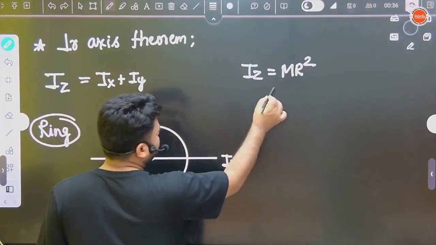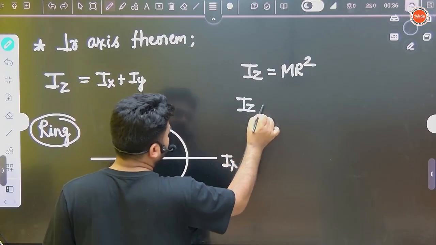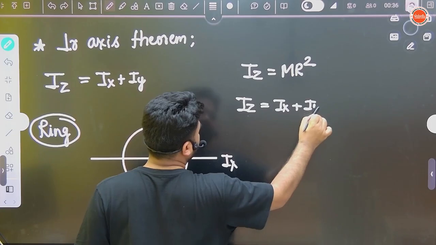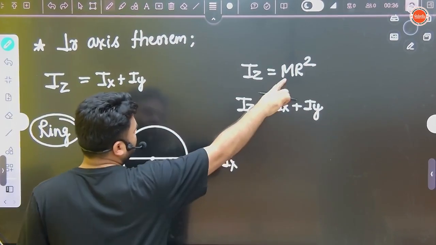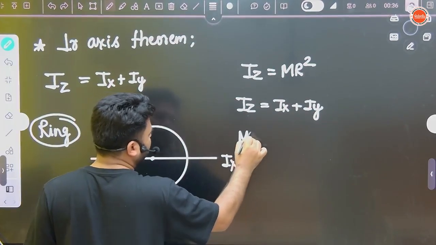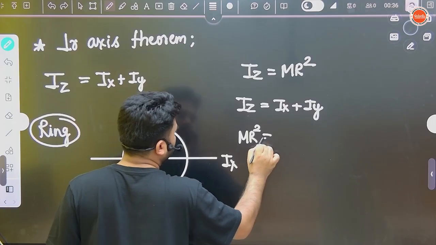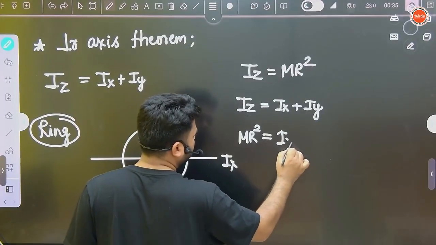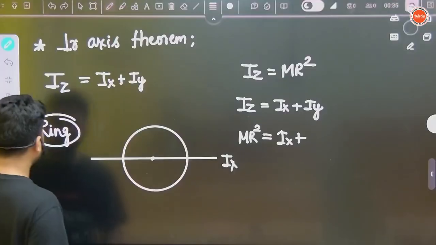So what we can write? Moment of inertia about z axis equals moment of inertia about x axis plus moment of inertia about y axis. This is perpendicular axis theorem. So moment of inertia about z axis is mr square, equals moment of inertia about x axis plus moment of inertia about y axis.